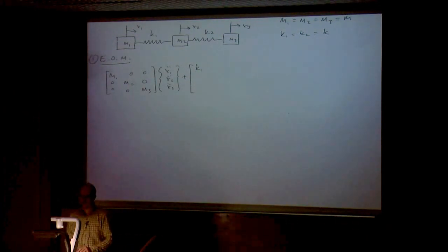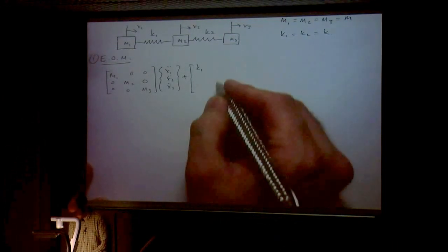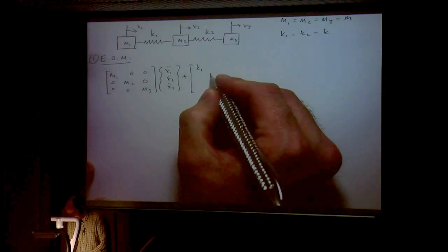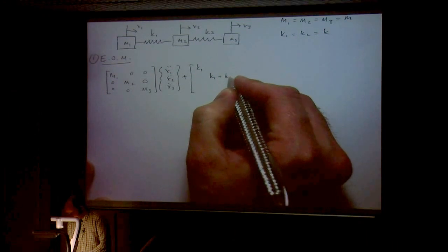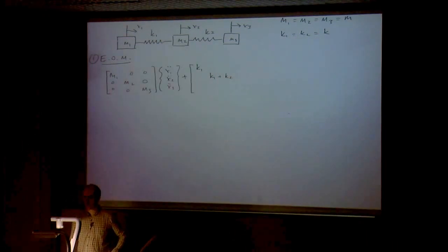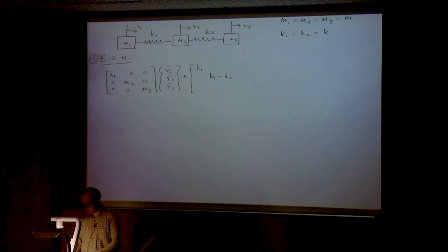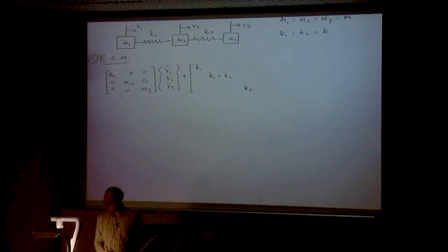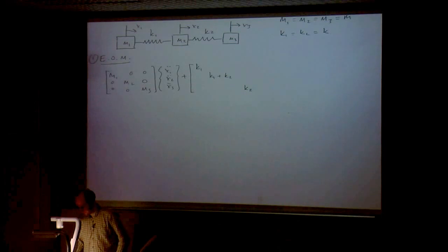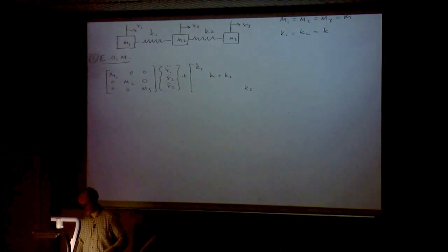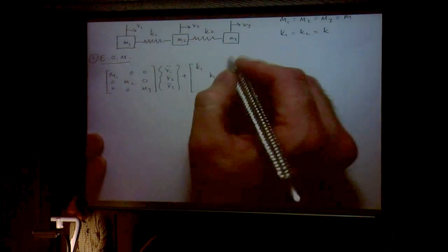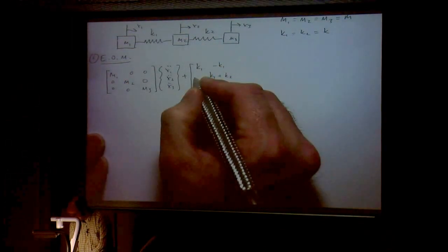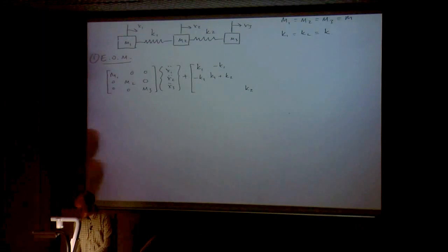For mass 2, what have we got? K1 plus K2, because we've got two masses and 2 springs, and then obviously mass 3 is just K2. The spring connecting mass 1 and mass 2 is just K1, so that's minus K1 here. It's symmetrical, so it's minus K1 there.